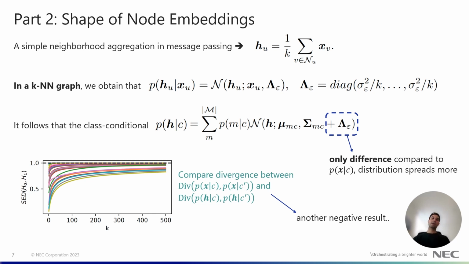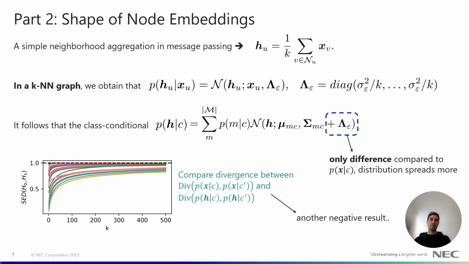If we consider a k nearest neighbor graph, we obtain in our paper that the distribution of the embedding hu, knowing that the input features of node u were xu, is simply a Gaussian distribution centered at xu with diagonal covariance matrix lambda epsilon. So epsilon is again the length of the interval that we want to consider.